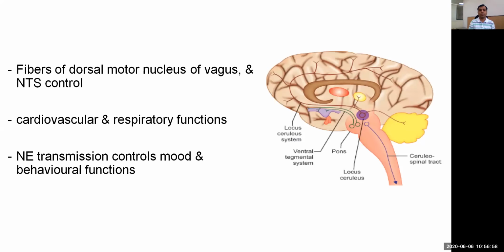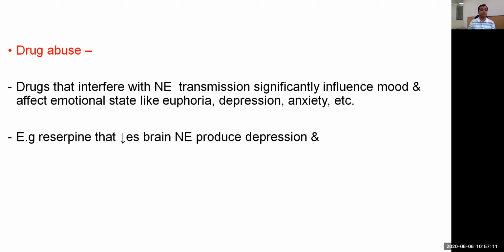Fibers of the dorsal motor nucleus of the vagus and nucleus tractus solitarius are responsible for controlling cardiovascular and respiratory functions. Norepinephrine transmission controls mood and behavior. Drug abuse.